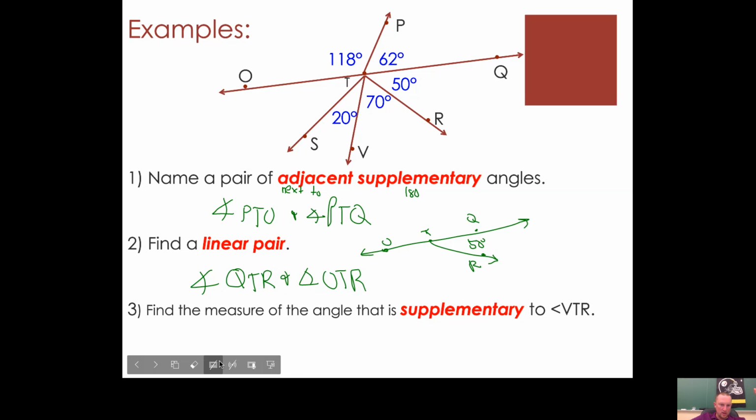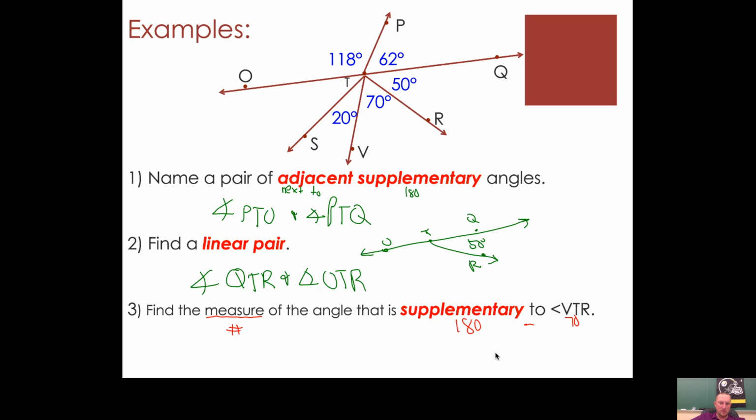Well, angle VTR has a measure of 70. We know supplementary means they add to 180. So measure, that's a number. They're not asking you to find an angle that's supplementary to it. They want the measure of the angle. So your answer is going to be a number.